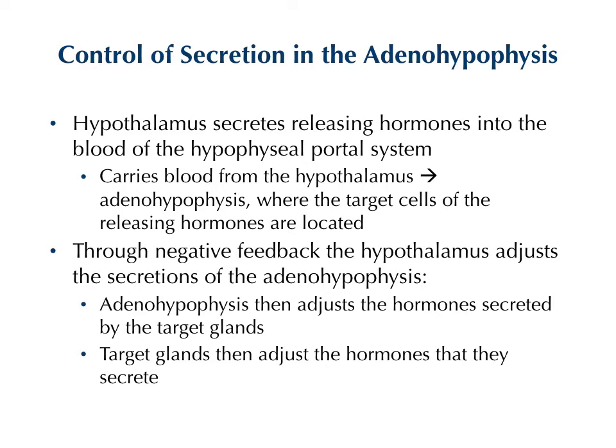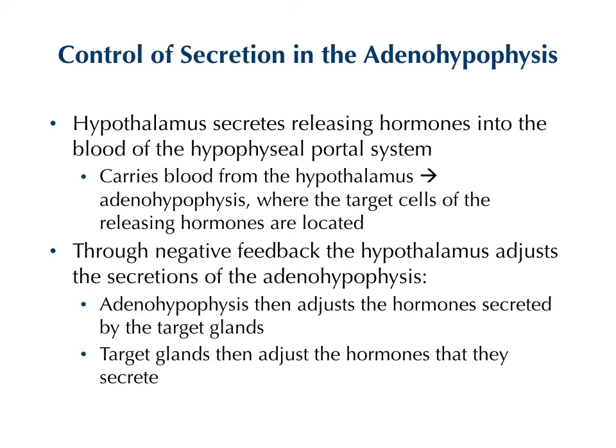So negative feedback is the way most of these systems operate. Negative feedback occurs when the output of a pathway inhibits the input to that pathway. And we classically liken this to the home heating system, which is apropos for thyroid hormones. The heating system in your home is a negative feedback circuit.